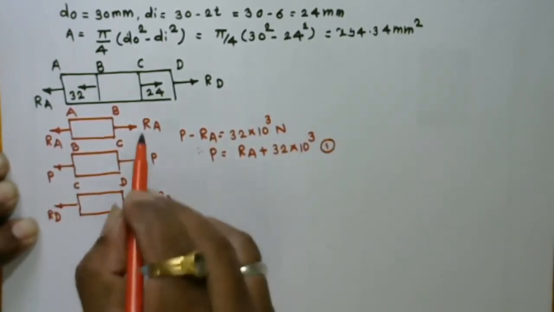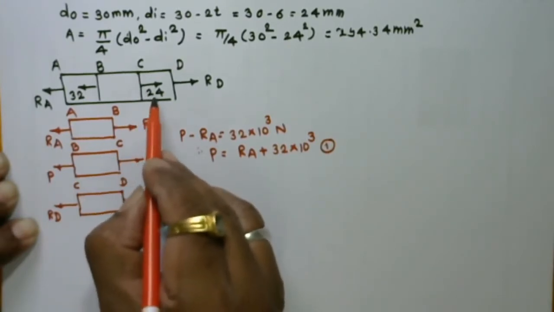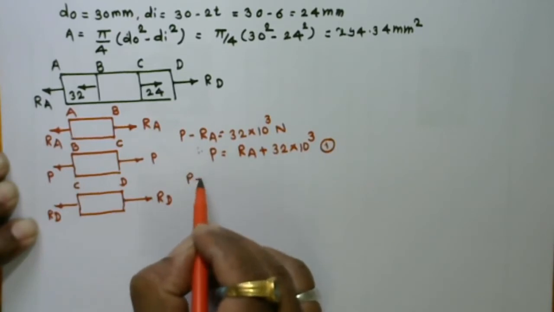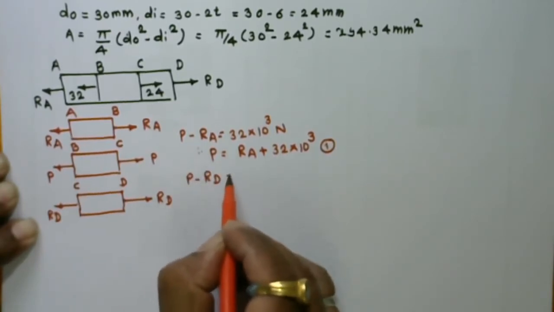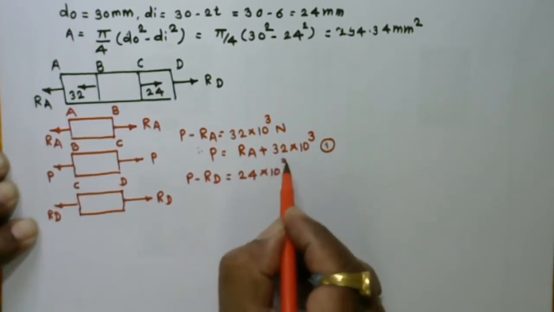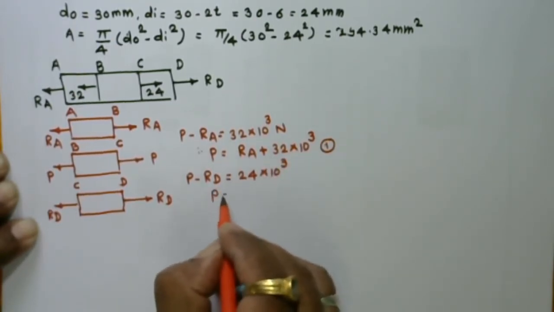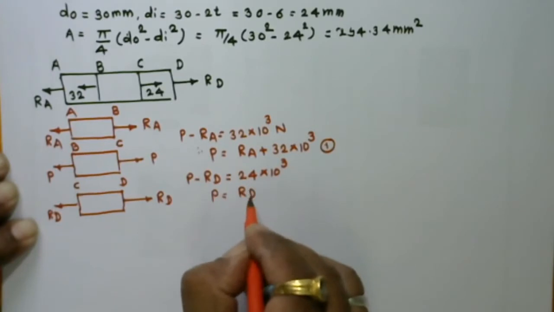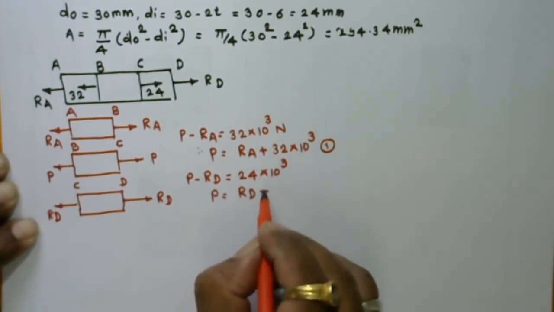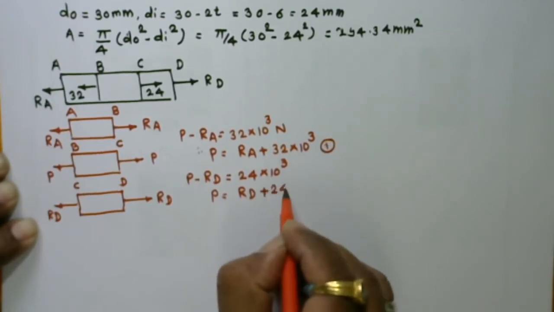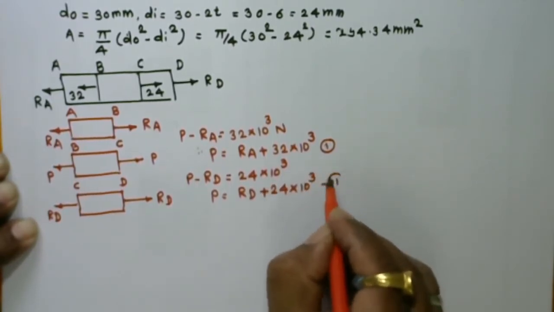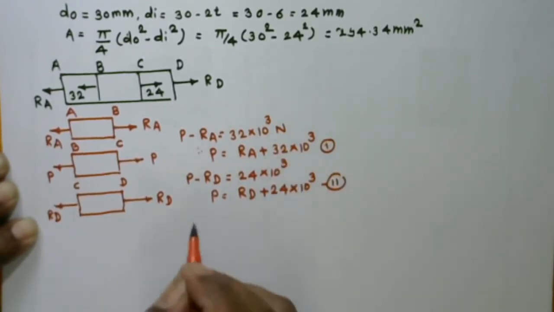Similarly, here at point C, it is 24. So we may write P minus RD is equal to 24 into 10 raised to 3. Again, P is equal to RD plus 24 into 10 raised to 3. So you may equate equation 1 and 2.